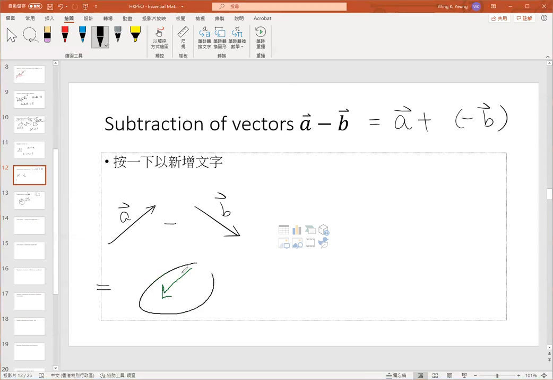So what is this vector? It's not opposite to B. But we are doing A minus B, not B minus A. A minus B is just vector A plus negative B.